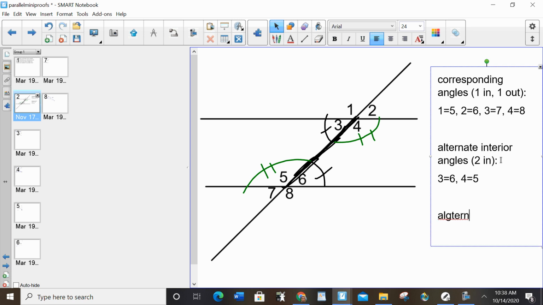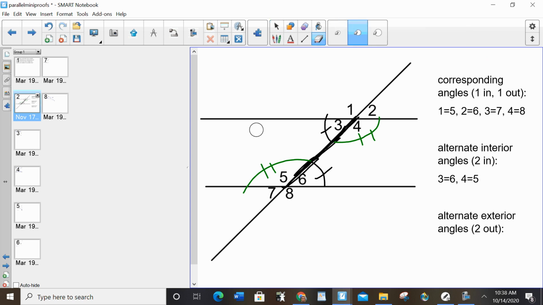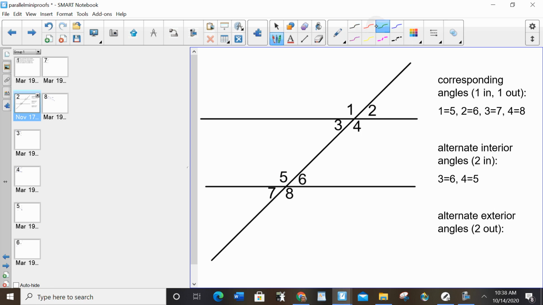And the last pair is alternate exterior angles. And since they're exterior, they're going to be 2 out. So alternate again means opposite sides of the transversal, but now they're exterior, so they're going to be outside the parallel lines.